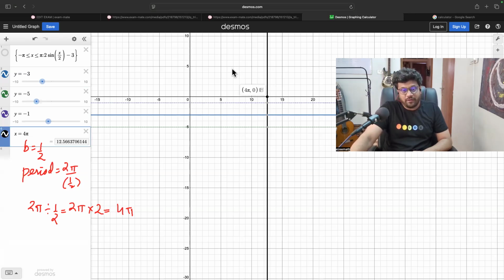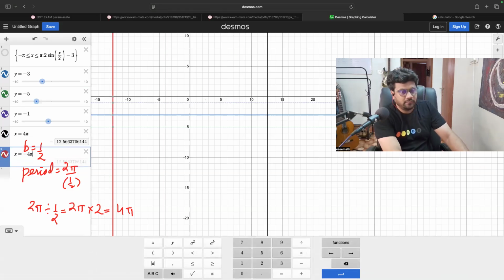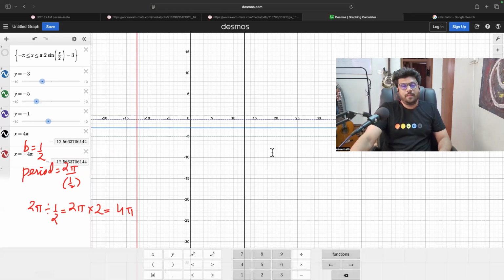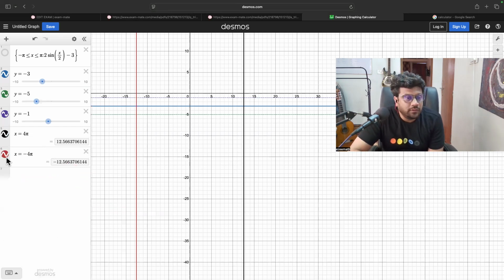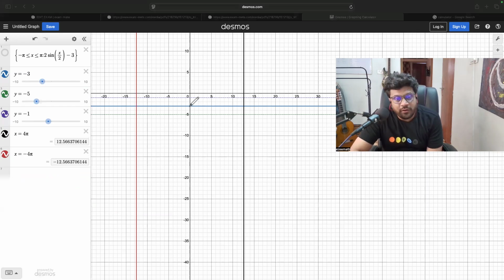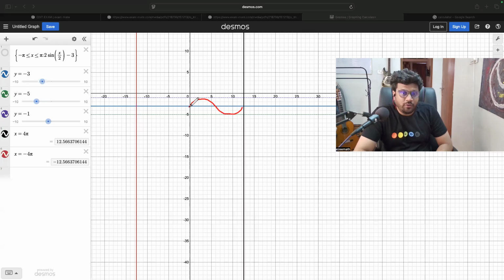I know there's going to be one whole wave between 0 and 4 pi. On the left, I'd go minus 4 pi.